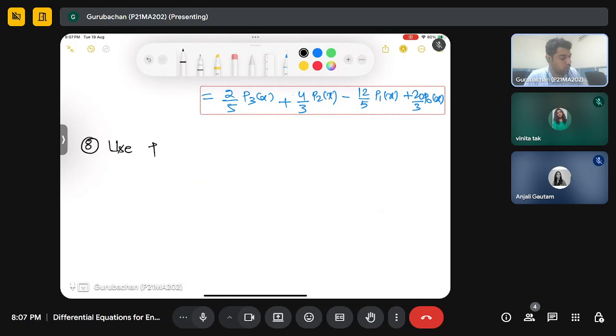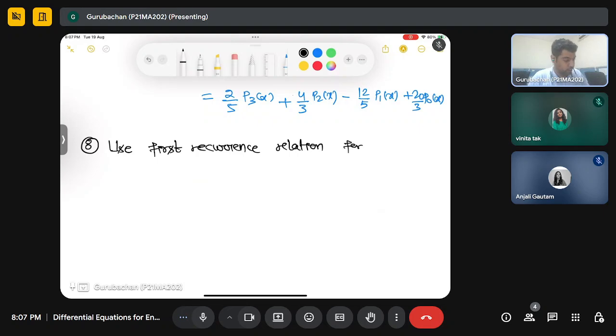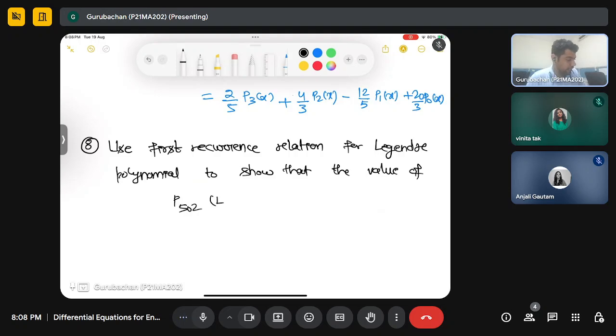Use the first recurrence relation for Legendre polynomials to show that the value of P500(L) divided by P502(L) is negative when P501(L) is 0.